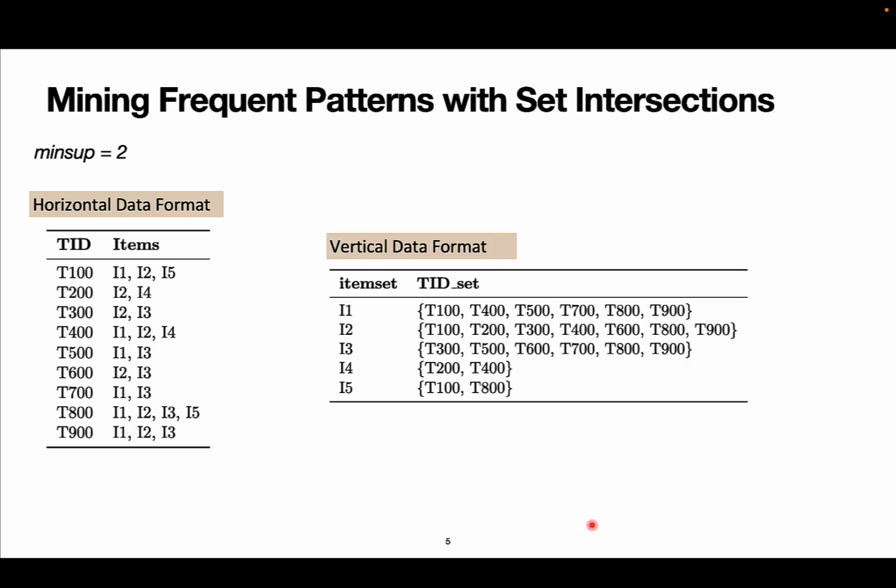Here's an example. We have 9 transactions in the horizontal data format. Minimum support equals 2. We transform the dataset to the vertical data format, and at first glance, it looks like all item sets meet the minimum support of 2.